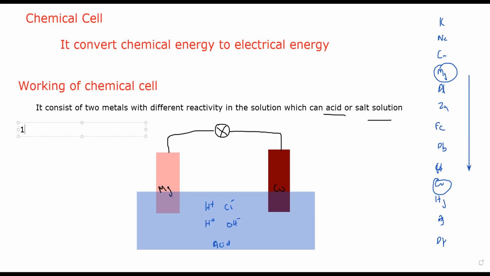So first, what happened? The more reactive metal loses electrons and turns into ions, which enter the solution.